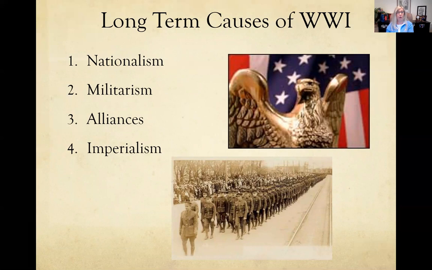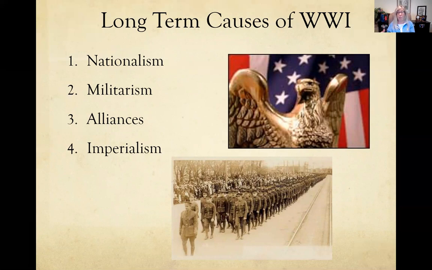As people are joining alliances, they often are going to act in a way that may be somewhat more aggressive than they would normally act, because they know they have backup. If you're going to get into some sort of conflict with somebody, some sort of school fight or whatever, and it's you against a whole group of people, you're probably not going to be as aggressive.